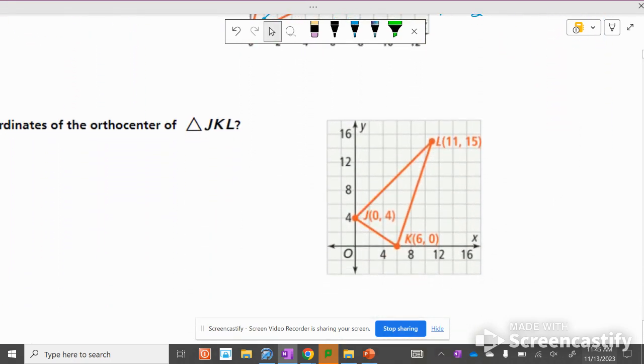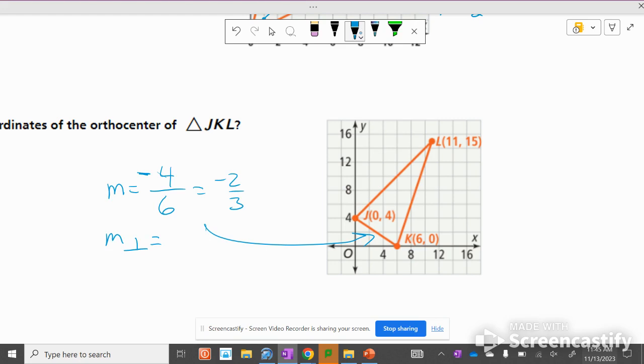Let's do that one more time now. Okay? What's the slope of this short line there? You have a rise of what from 0 to 4? 4. And you run 6, but you're going down, so it's negative. So it's negative 2/3. So what's the slope of the perpendicular for that line?